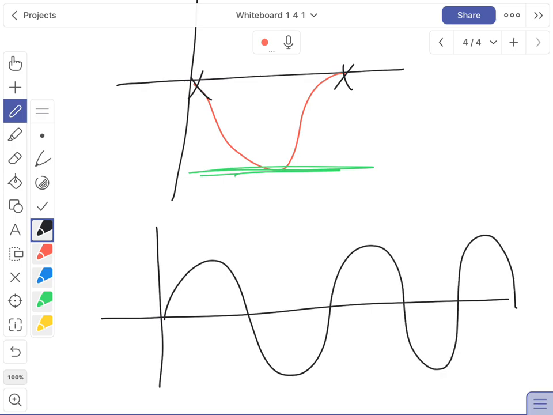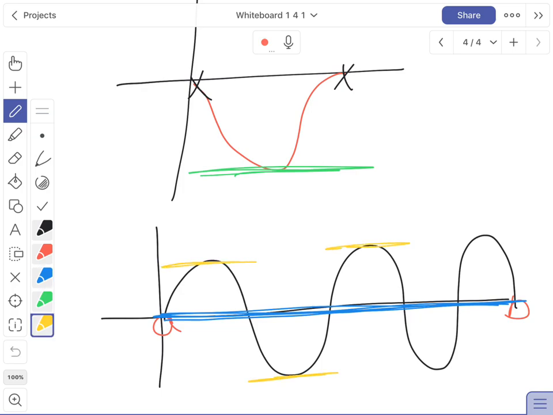It just tells us that they do. So if I looked at A to B, the average change in my y value was nothing. So it says somewhere in there, there has to be a horizontal tangent of 0. There could be more than one, but there has to be at least one. And that's Rolle's theorem.